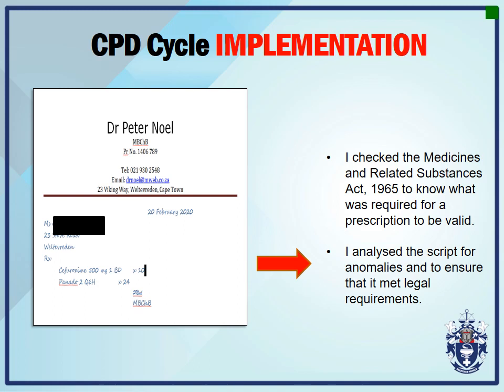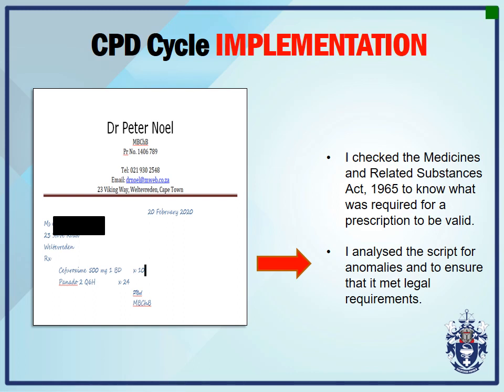Your implementation process, remember, requires you to describe what, where, when, and how, with reference made to the evidence, particularly in terms of annotation, and link it to the behaviors. So in this particular example, we have a script by Dr. Peter Knoll.